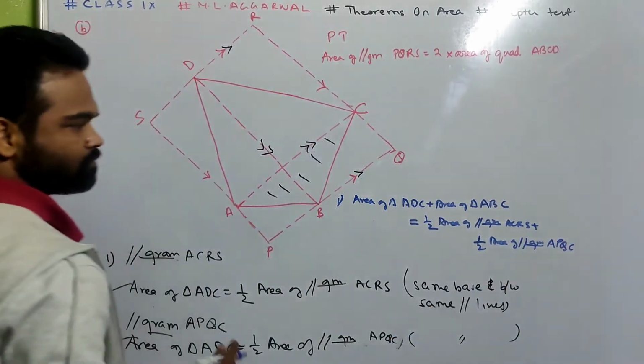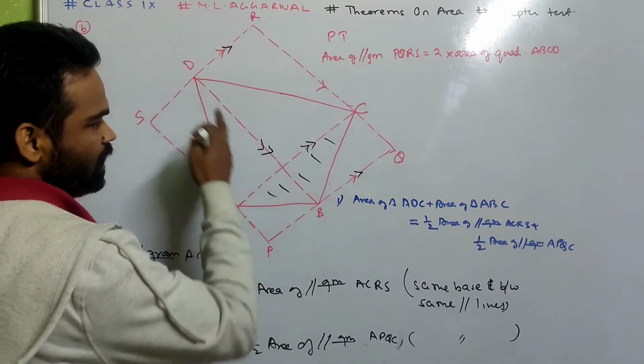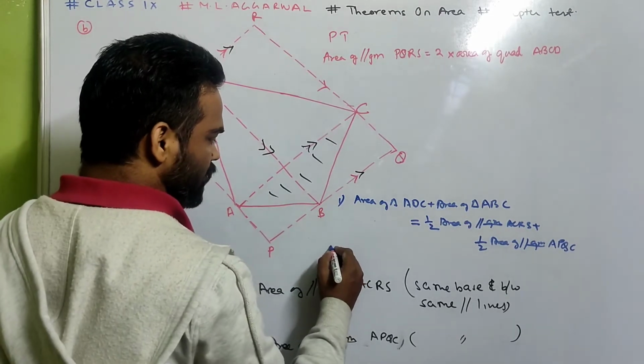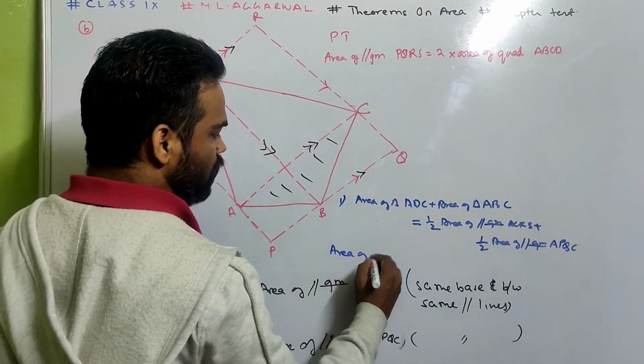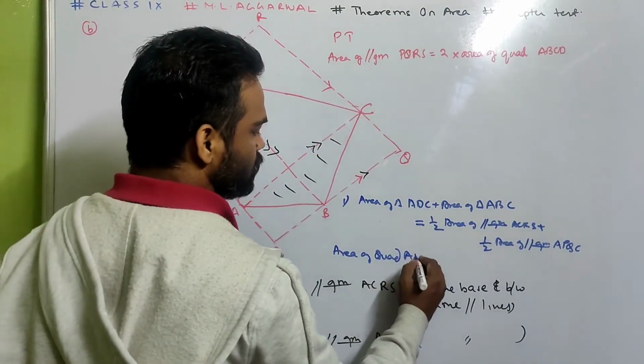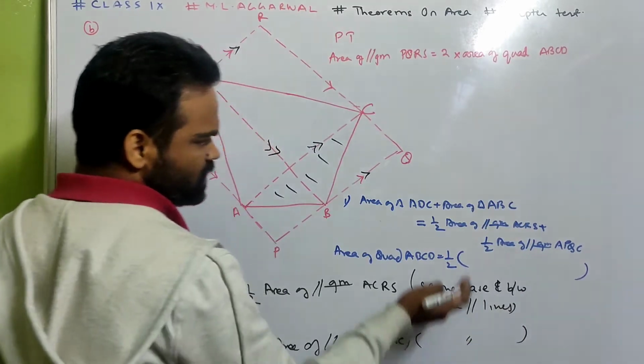Yes or no? Now, area of ADC and ABC, when you add them, that becomes area of quadrilateral ABCD. And over here, half is taken common. So what is left?